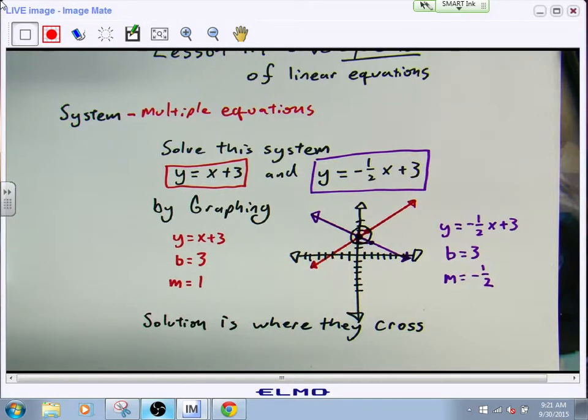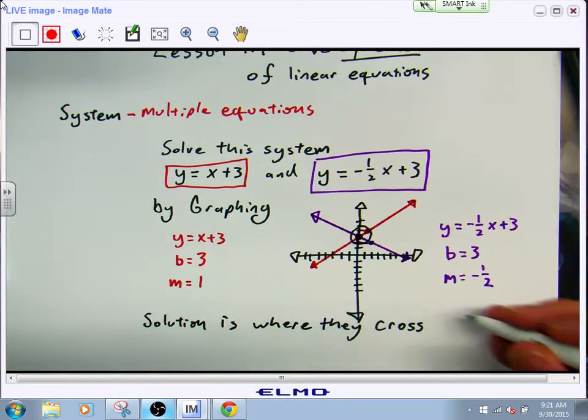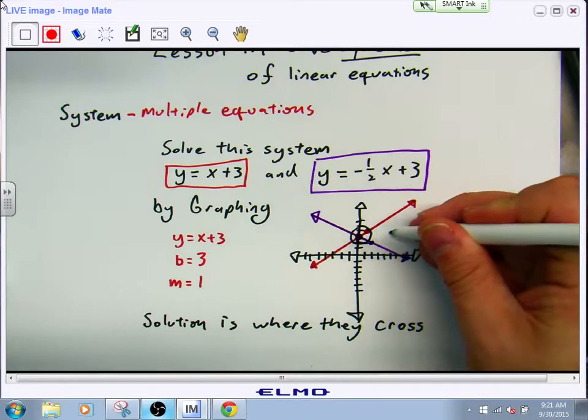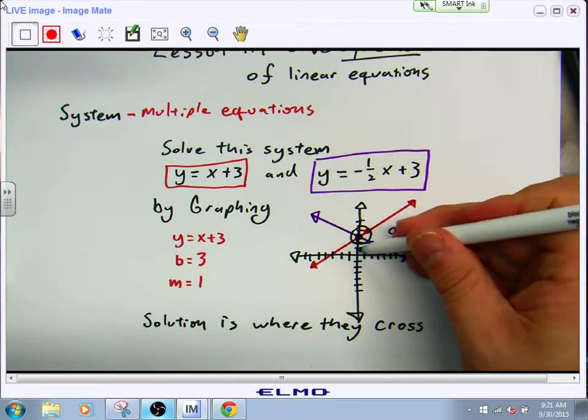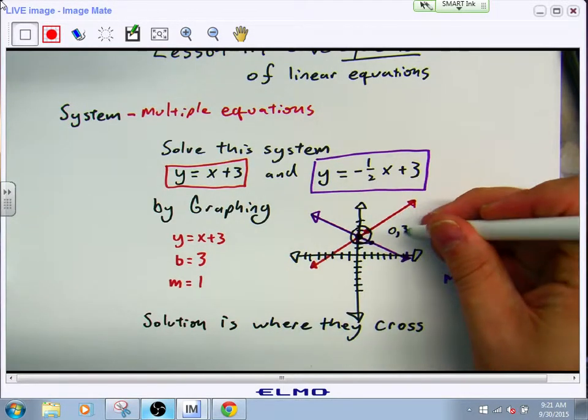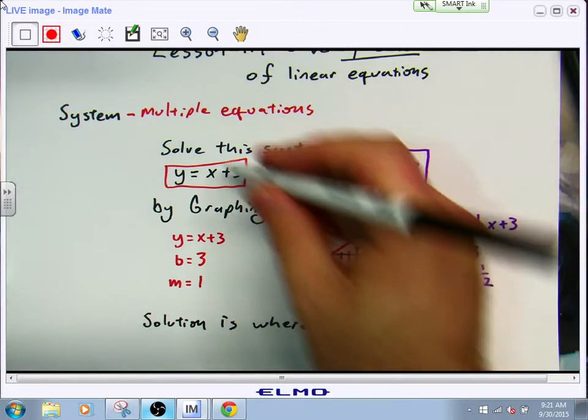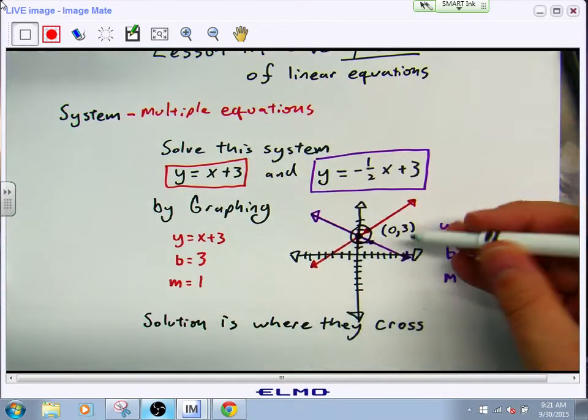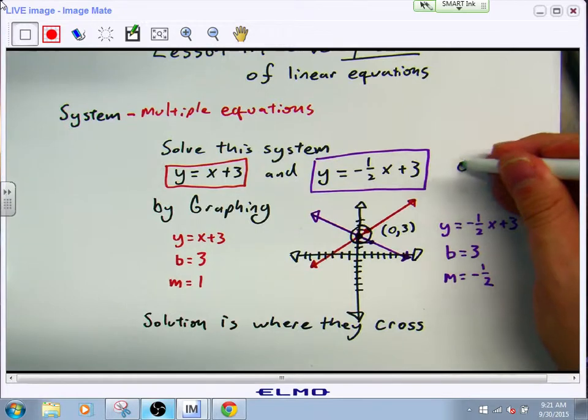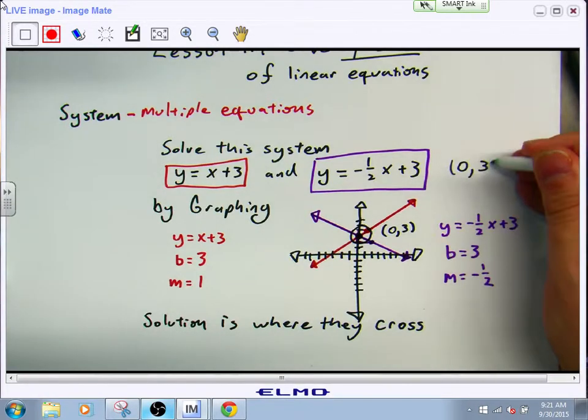That's their intersection. And so I look at that intersection, and I have to see what point that is. I know that the x-coordinate is 0, right? That's 0. And the y-coordinate is 1, 2, 3. 3. So I would say that the solution to this system is the point 0, 3. Okay?